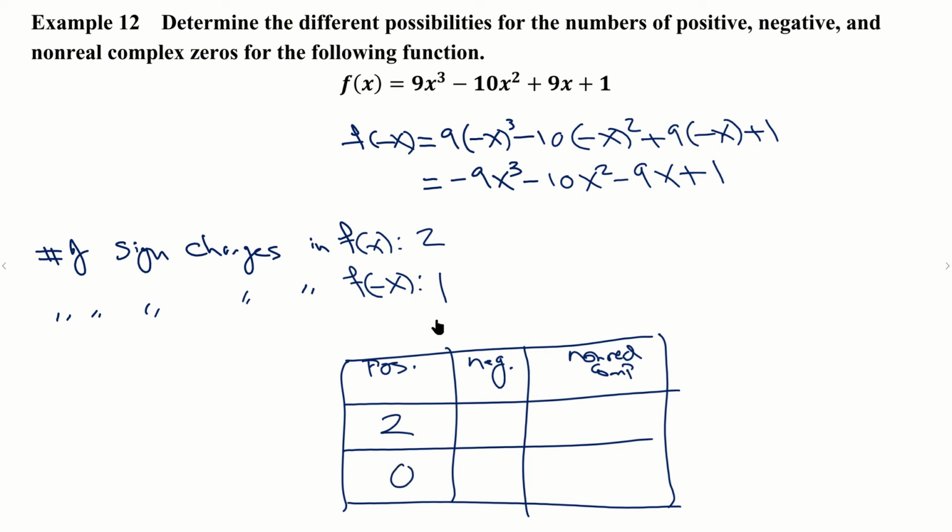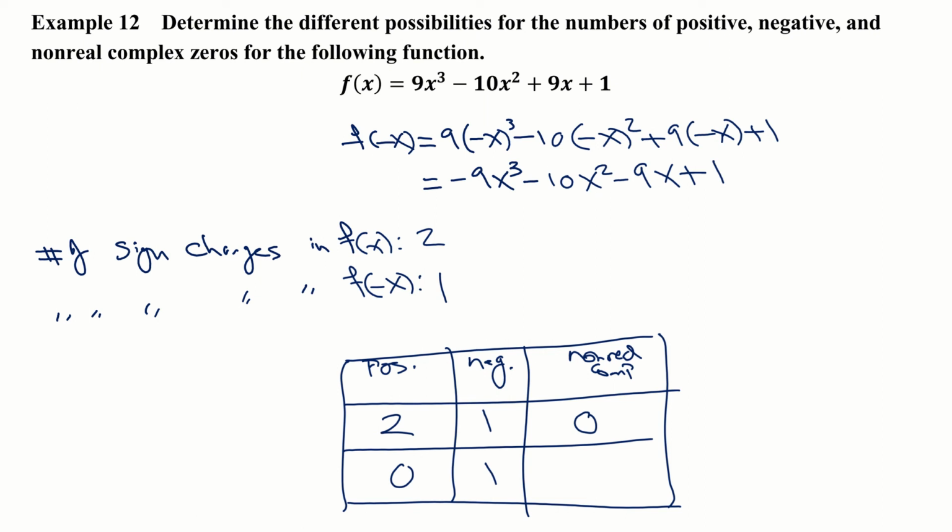Now, the number of negative possible roots or zeros is going to be 1 in that case. And how many non-real complexes does it leave? None, right?